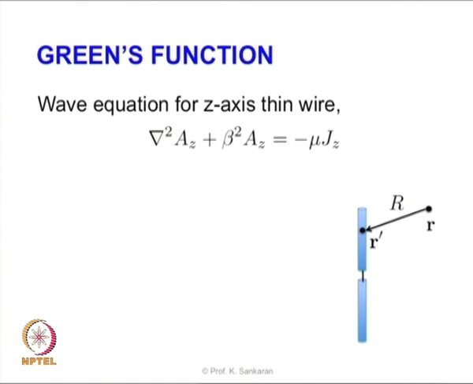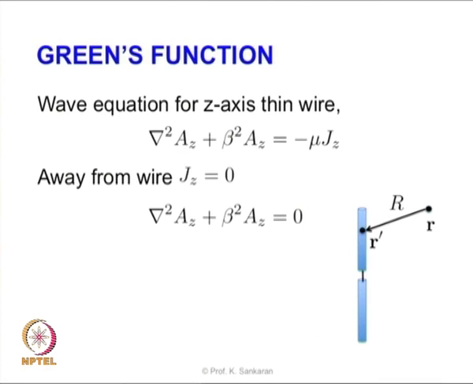So what we essentially have here is an antenna which is in the Z direction, and we have the wave equation which we got from our earlier discussion. We have used the Lorentz gauge to come to this particular point, and now what we are going to do is go away from the antenna. So the Jz is going to become 0.